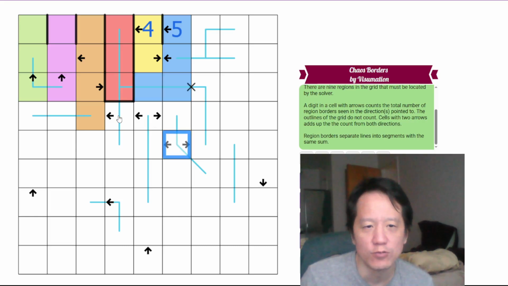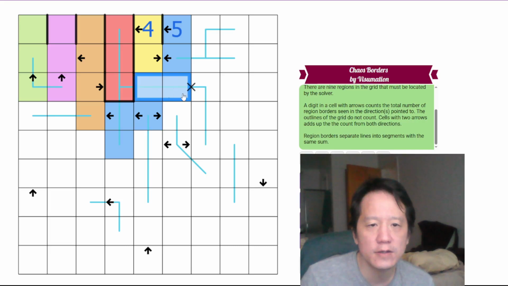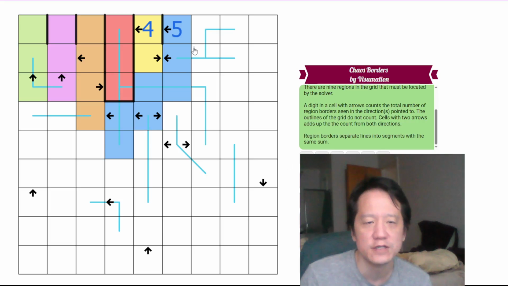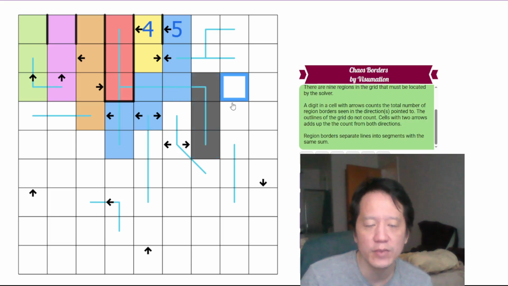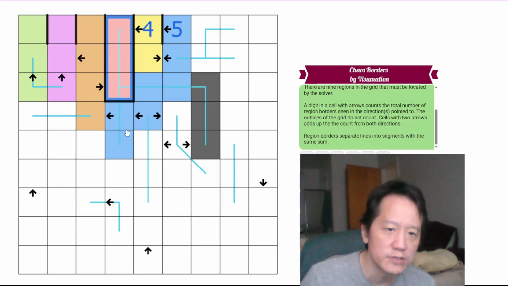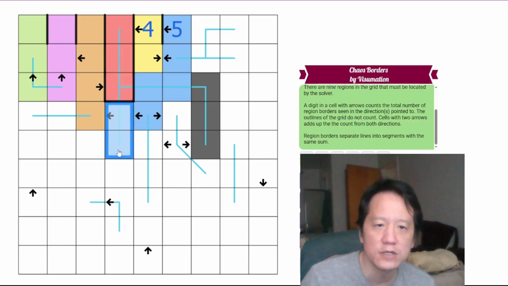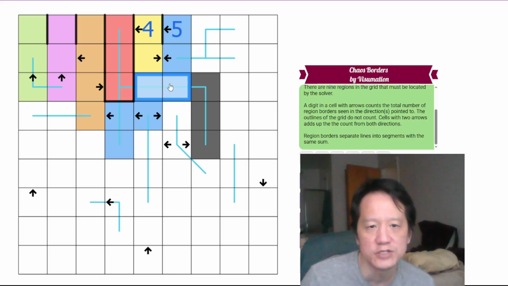This doesn't quite work for building a region, but let's just say that this region sum line here was something like this, right? That would mean the sum of these 3 digits must be the sum of these 2 digits, which is the same as the sum of these 2 digits, which is the same as the sum of these 3 digits.